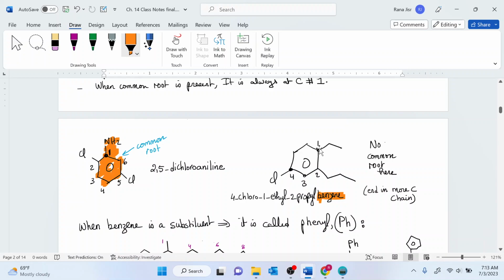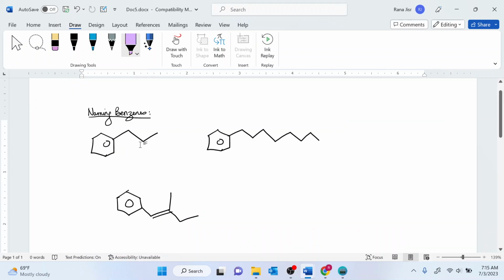So here I'm going to start with carbon number 1 instead of starting from carbon number 1 from there, because if you start from 1 here and you go up, then this is going to be 1, 2, 3, 4, and 5 instead of 4. So you're going to end up having more numbers for your substituents.